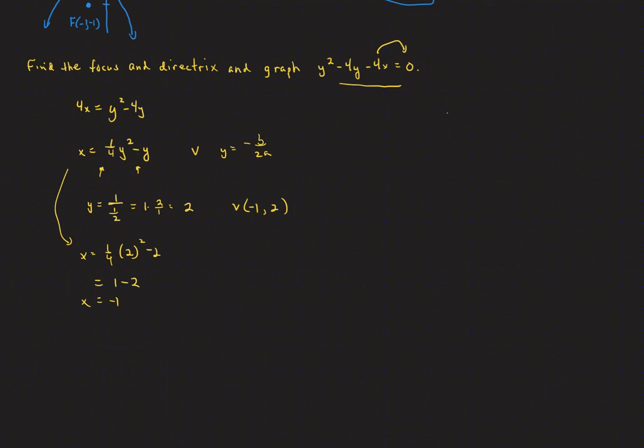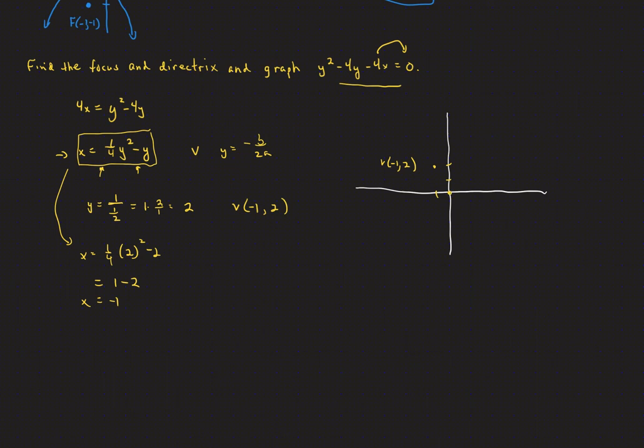So I'm going to draw our xy axis over here. And we're going to go to negative 1, 2. We know since x is equal to a positive y squared, this is going to open to the right. So I can safely put the vertex over here on the left and not get in the way. Now if we plug in a 0 for y, we're going to get 0 for x.